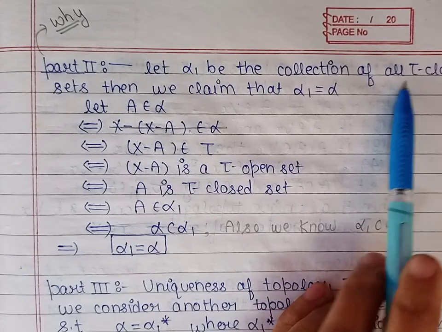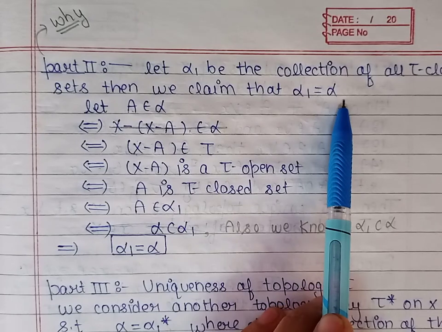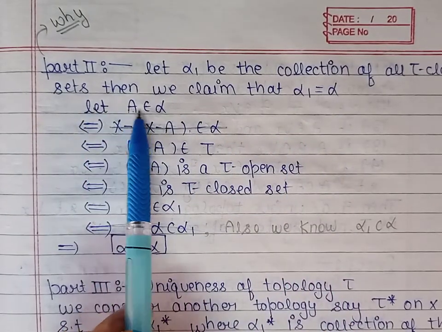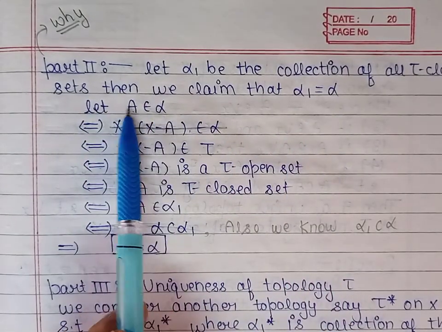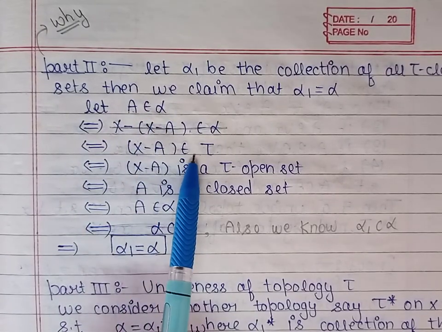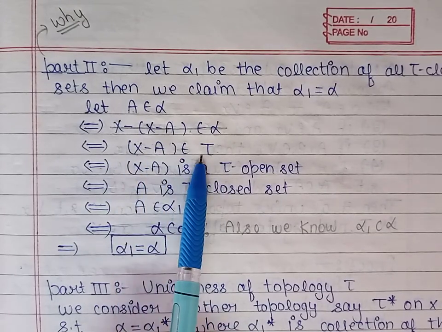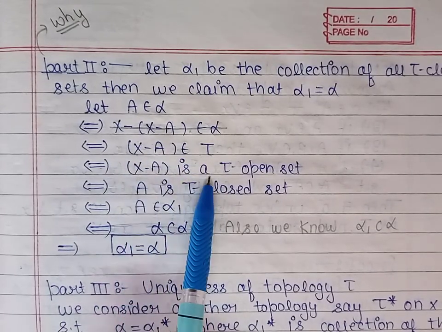We have to prove that alpha 1 is the same as the given collection alpha. So let us take A belongs to alpha. Now A belongs to alpha if and only if its complement belongs to tau. Now because X minus A belongs to tau, it means X minus A is open with respect to topology tau.